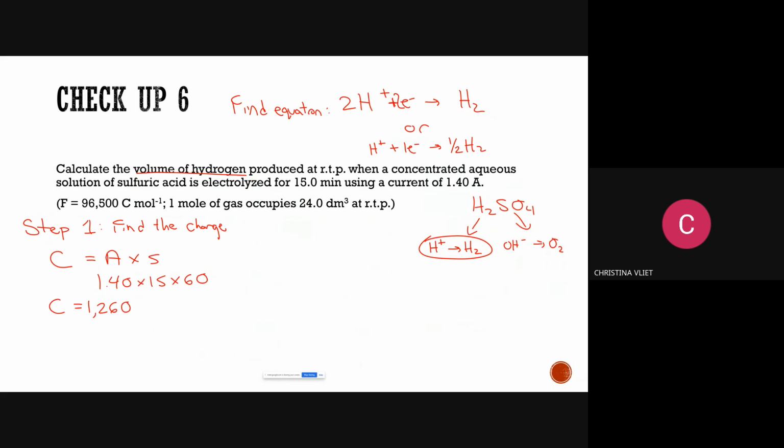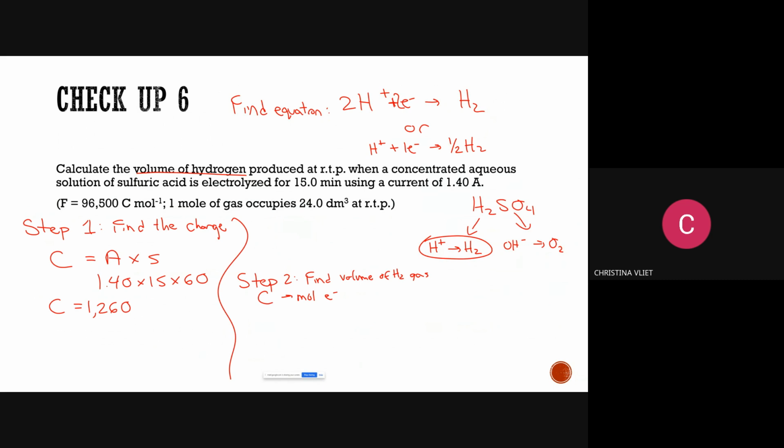So then now we've got to find what? That was step 1. What's step 2? Step 2 is we got to find the volume of hydrogen gas, right? But that's going to be something that requires multi-steps itself because we have got to go from coulombs to, Lisa was saying, moles of electrons. So we make a pathway. That's what I did all the way back in pre-ACE chemistry. If you don't have it in your head, you can write out a pathway and then you know what to follow.